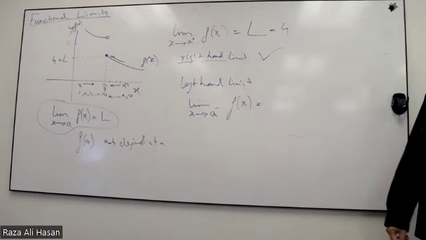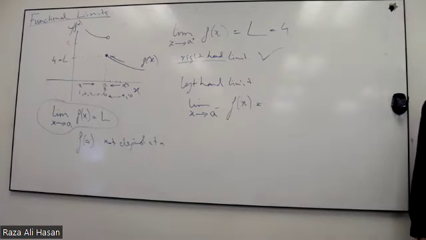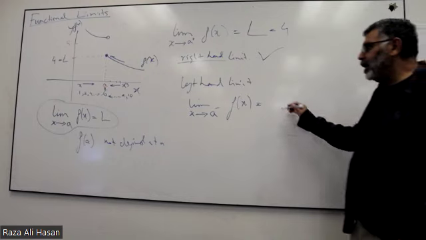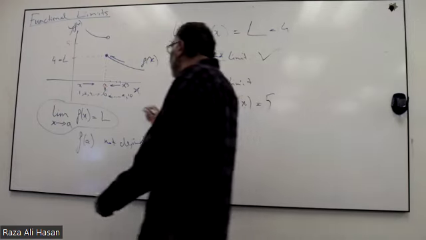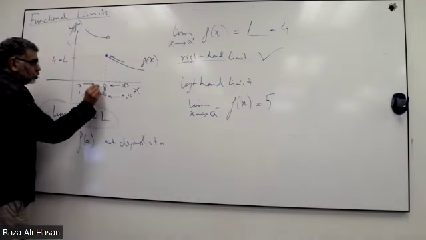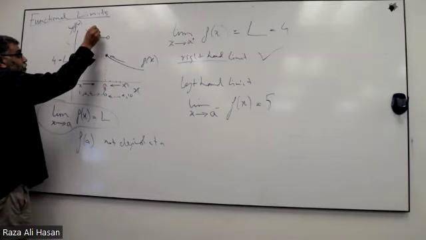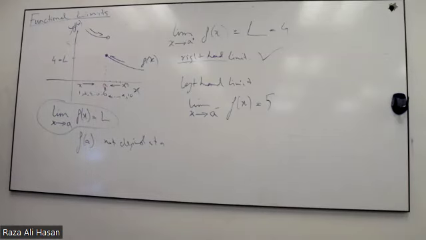Does it have a left hand limit or left limit or whatever the term is? And what is it? Ryan says 5, and I'm going to go with that because as the values of x go towards a, the function tends to 5.